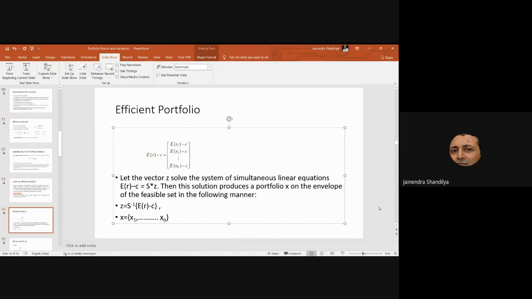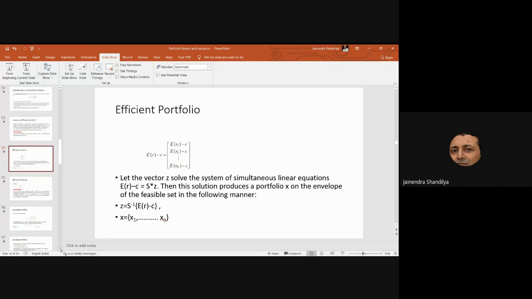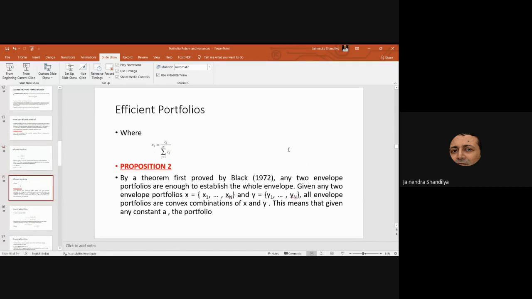So one envelope is done, then you look for the second envelope, and by theory, we are yet to do the 4 more propositions. So let's move to the next proposition. As this is showing you, X is obtained by dividing each Z by the summation. And how do you get Z?